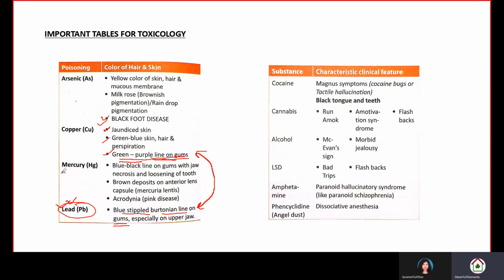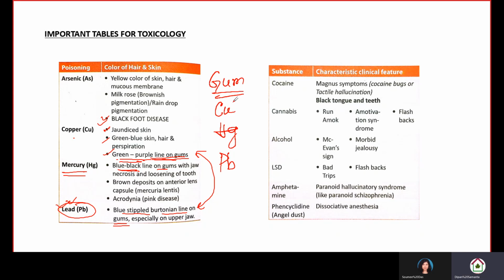In mercury poisoning, there is a blue black line on gums. So a green purple line on gums in case of copper. On gums, there will be lines in three cases: copper, mercury and lead.